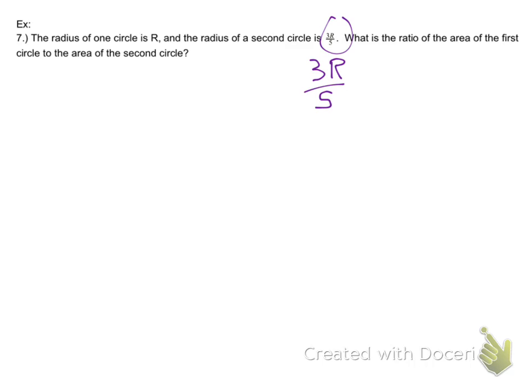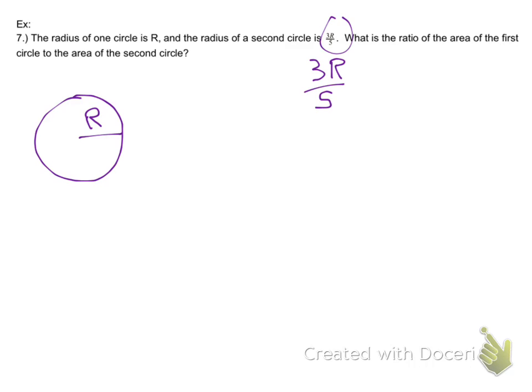So, how about I draw this out, guys? What's the first one? That has a radius of r. The second one is 3r over 5.